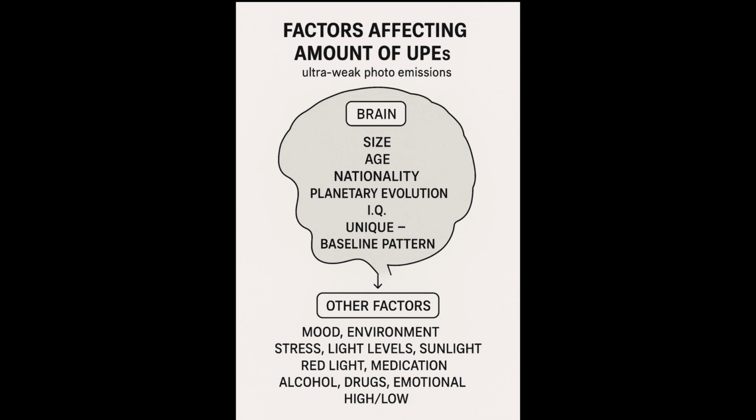And all of these things combined create a unique baseline pattern. And I asked them, what is the baseline pattern? They said the baseline pattern is the organic genetic makeup of nationality, planetary descendancy, and even IQ. And those things can create a unique baseline pattern.